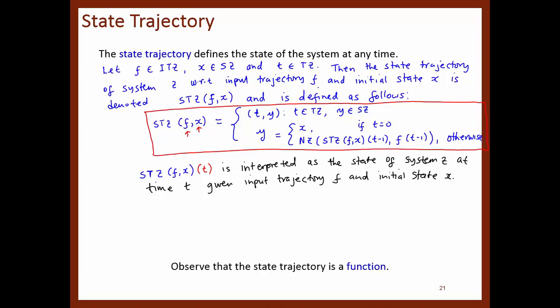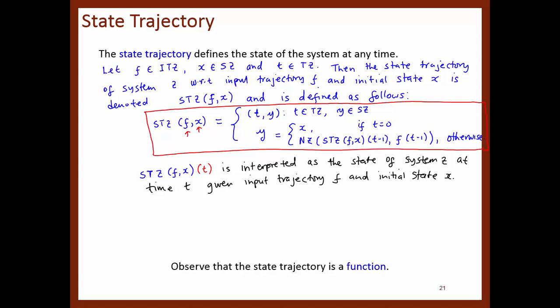Then the state trajectory of the system Z with respect to the input trajectory F and the initial state X is denoted by this function, STZ, which uses that F coming from the input trajectory and X, which is the current state of the system. That's defined as follows.